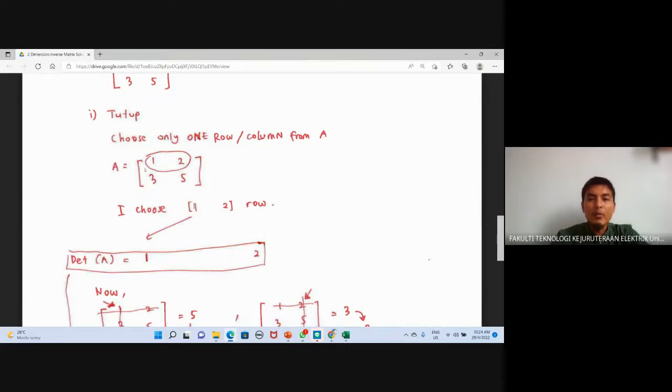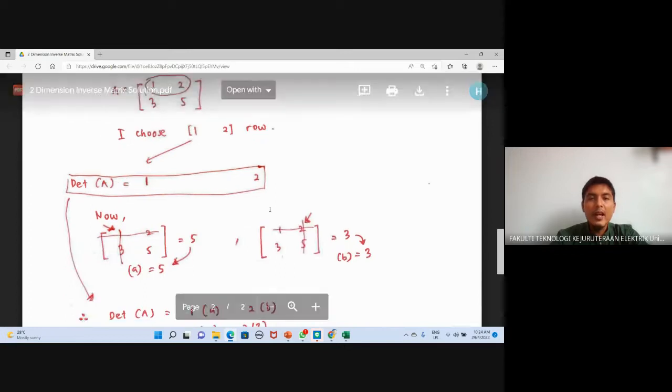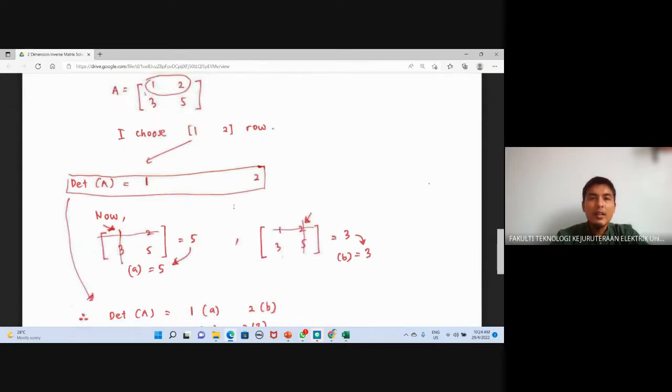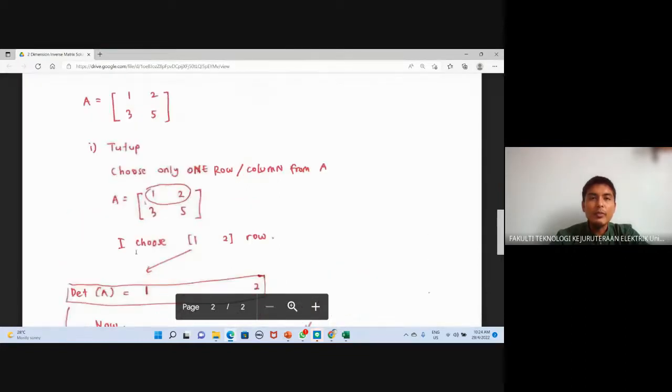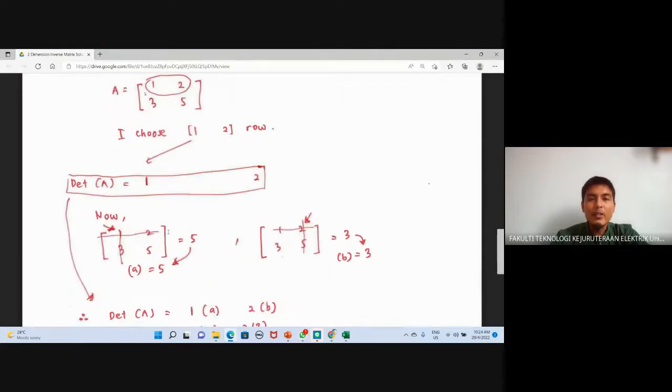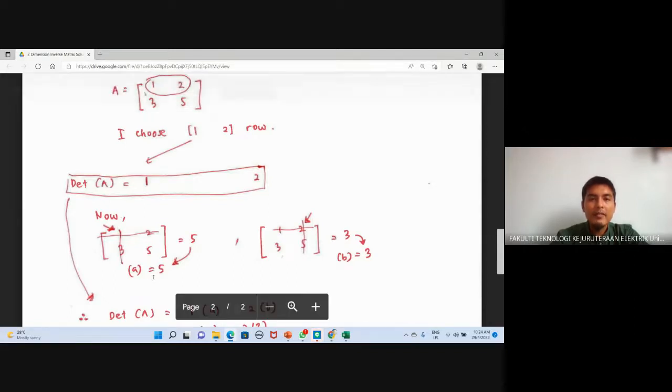So I put 1 here and 2 here. And then as usual, since I choose 1 and 2, I just need to tutup only 1 and 2. After I tutup 1, the answer is 5. And after I tutup 2, the answer is 3.